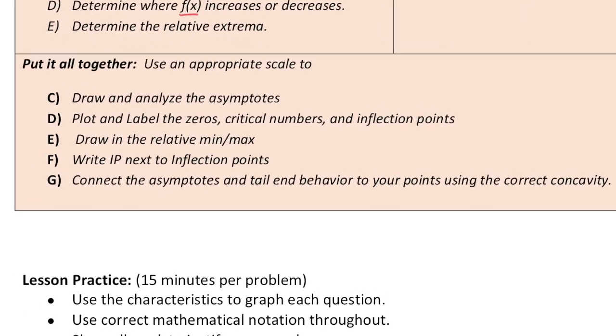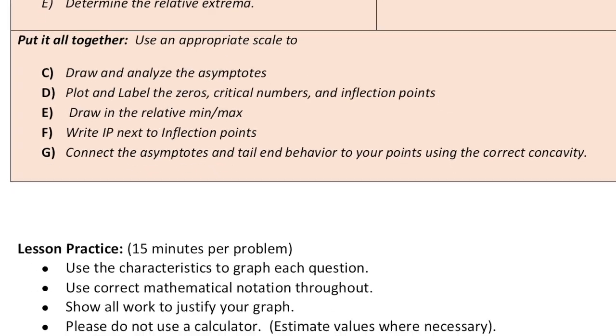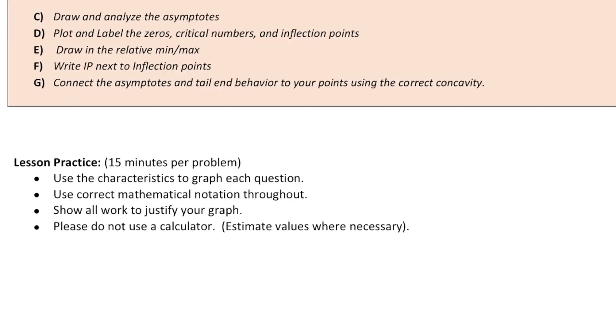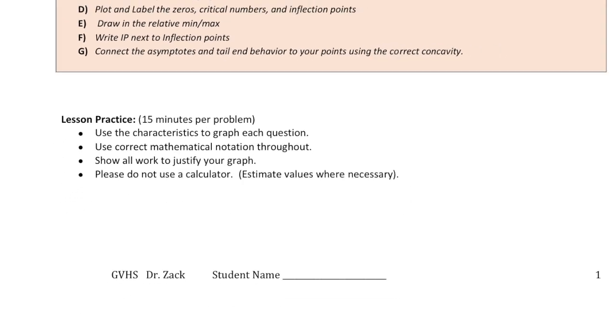When you put it all together, draw and analyze your asymptotes, plot and label your zeros, critical numbers, and inflection points. Draw your relative mins and maxes, write IP next to each inflection point, then connect your asymptotes and tail end behavior. Make certain that you are drawing your concavity correctly.